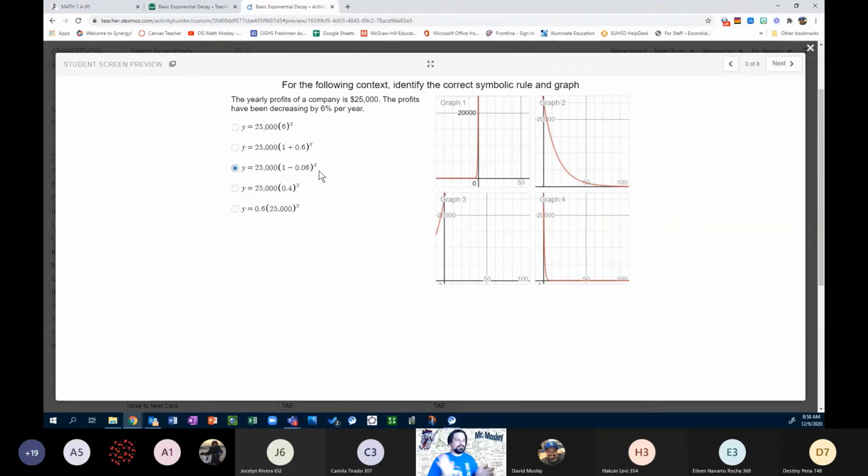So now, which graph? Graph 1, graph 2, graph 3, graph 4? All right. So we had 1 vote for graph 1 and 1 vote for graph 2.